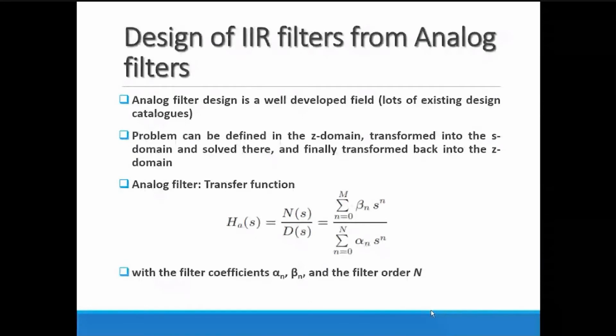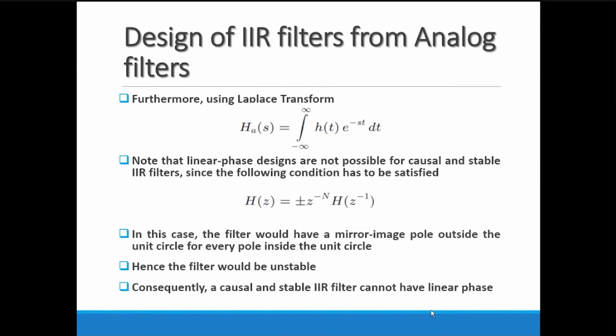In the denominator, summation from n equal to 0 to N of alpha_n s raised to n. Here alpha_n and beta_n are the filter coefficients, and N represents the order of the filter. If we use the Laplace transform, the same thing can be represented by this equation.